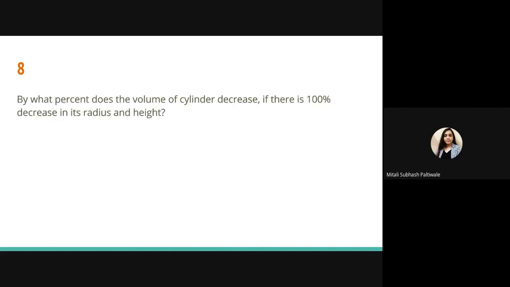Now next question. The next question says, by what percent does the volume of a cylinder decrease if there is a 100% decrease in its radius and height? The formula here would be the same. Always remember that if the volume is increasing, then we will use the plus sign, and if it is decreasing, then we will use the minus sign.